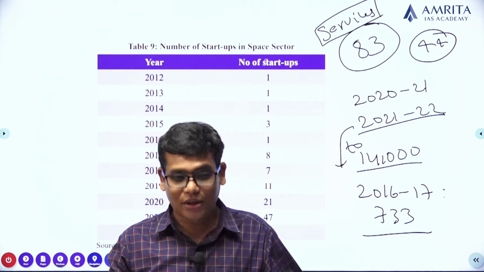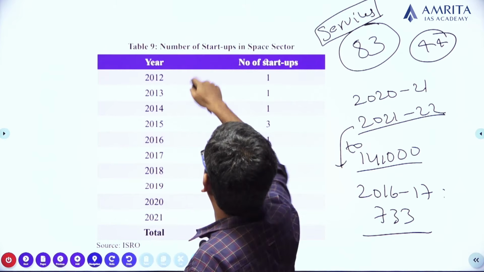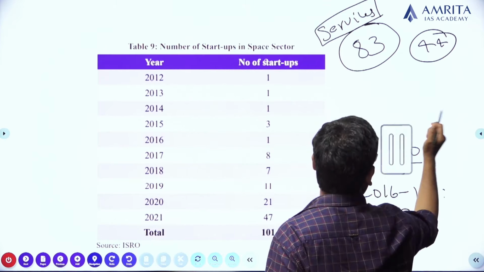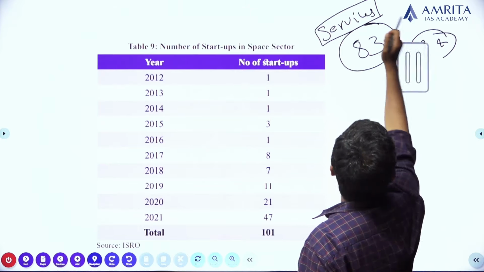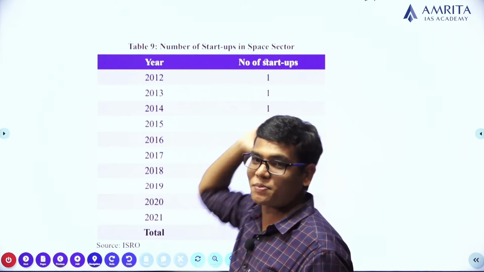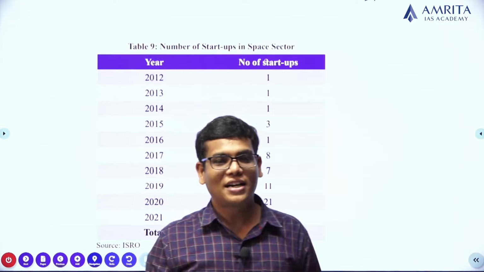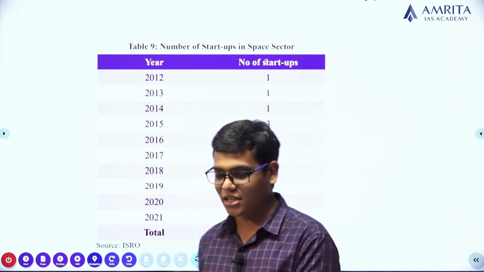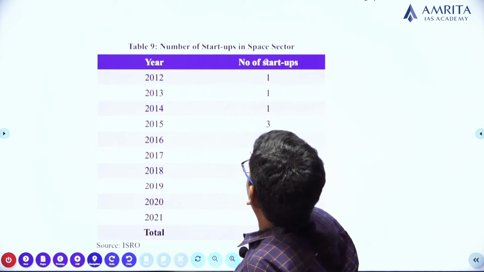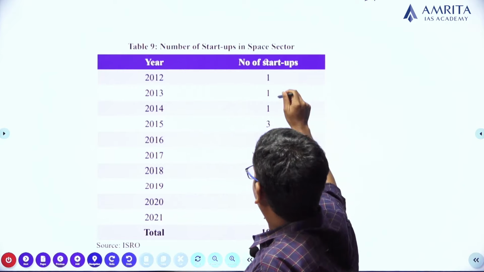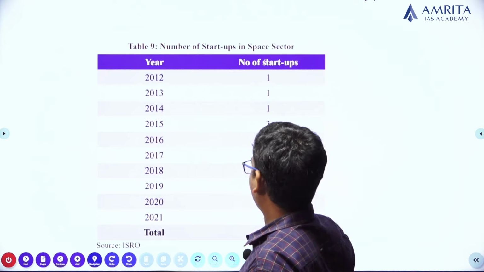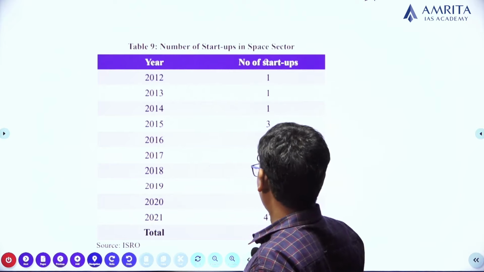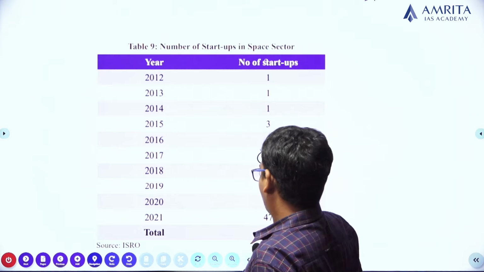That's the only point. Now if you see the number of startups in the space sector, you are all aware the space sector is also privatized. Privatized in the sense private people are allowed into that, not that the entire sector has been sold to somebody else. Now a lot of private participation is also allowed in this. Number of startups: 2012, 1; 2017, 8; 2018, 7; and in the last 2 years, 11 and 21, total 101.